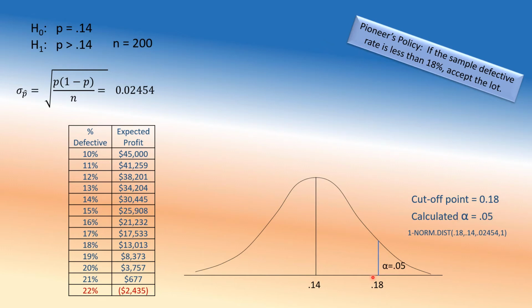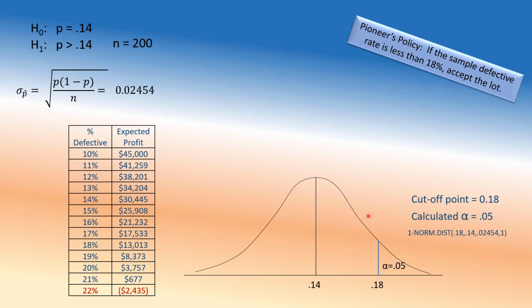Very simple. I take a sample of 200, if 18% or more are defective, take it back. Less than that, we accept it. But indirectly, if I find the probability of 18% or more, it's 5%. So I can very well say my type 1 error is 5%, but I calculated it in a reverse way, just to make it more interesting and understandable.